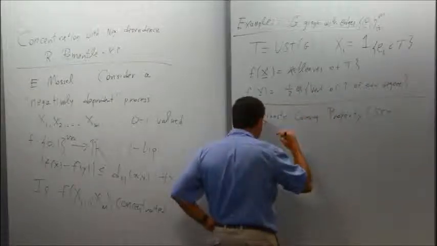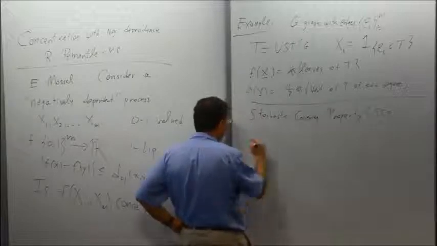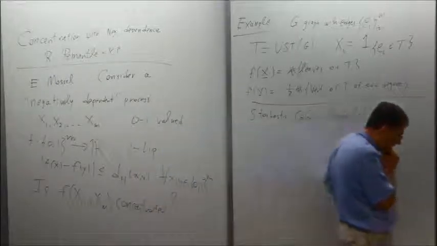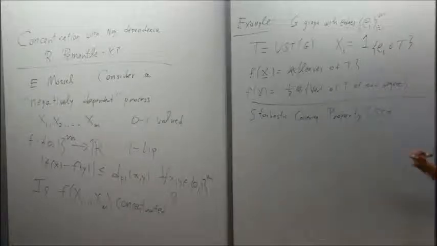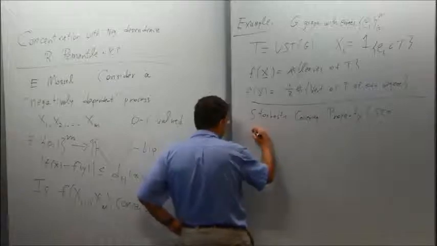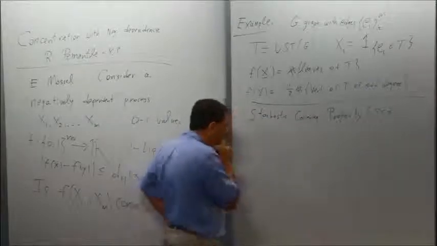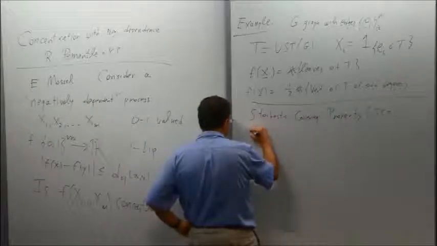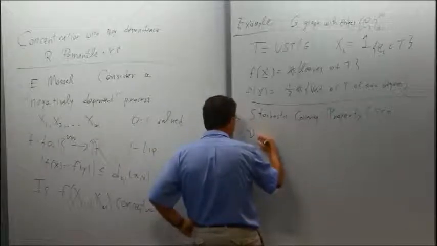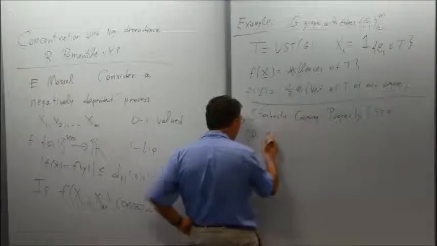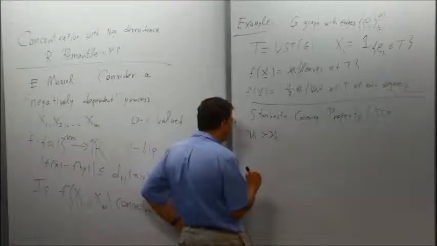So first, I want to recall a strengthening of stochastic domination. We say that measure nu1 stochastically dominates nu2. There are various equivalent definitions.